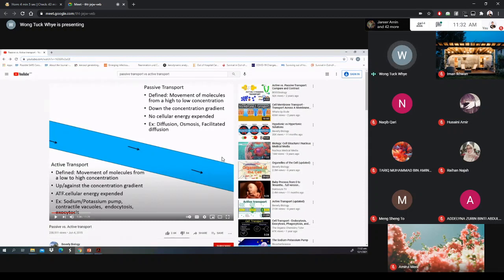If you blow air inside a balloon, the air inside is at higher pressure compared to atmospheric pressure. How do you make sure the air keeps pumping in? You need to apply your lung pressure to force it in. That energy applied by your lung is the external energy that causes the air molecules to flow from the lower concentration side to the higher concentration side, or so-called low pressure to high pressure.